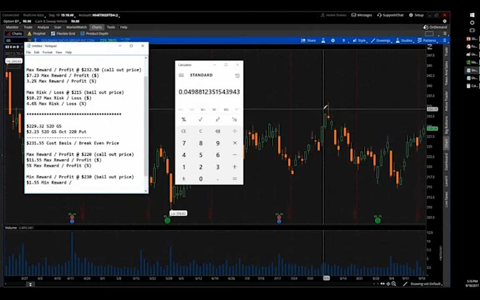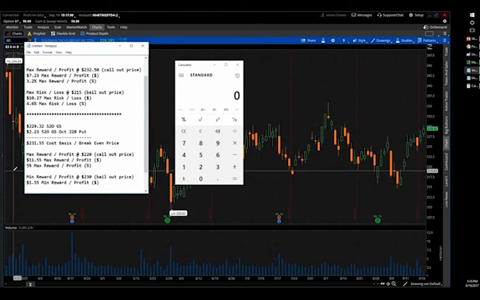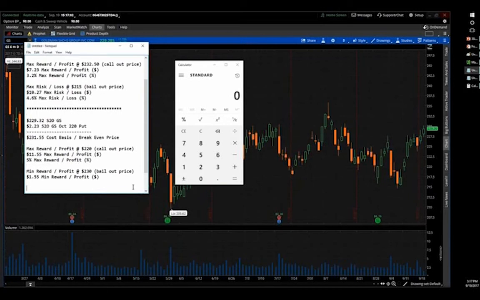Maybe I want to do that. But this is how we would work out these numbers. Now, what are the drawbacks to writing a covered put? Let me just finish the math here, and then we'll get into those discussions.